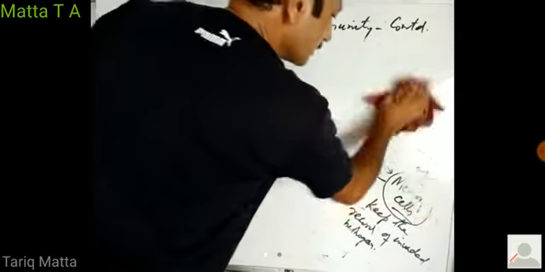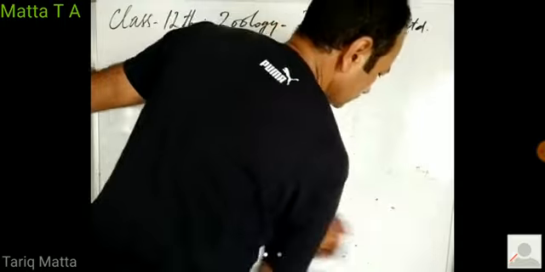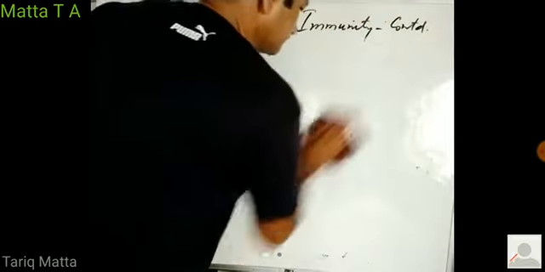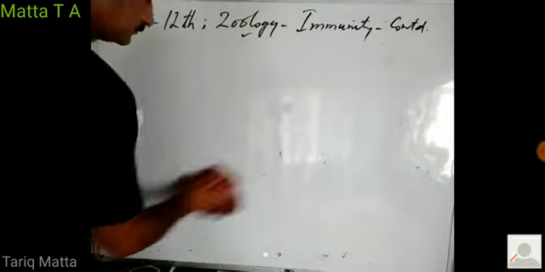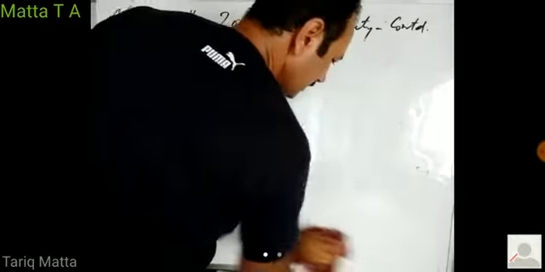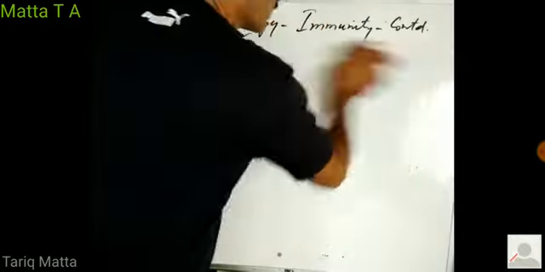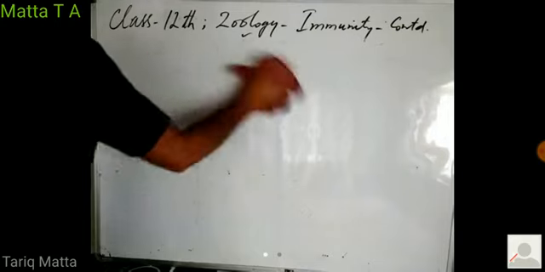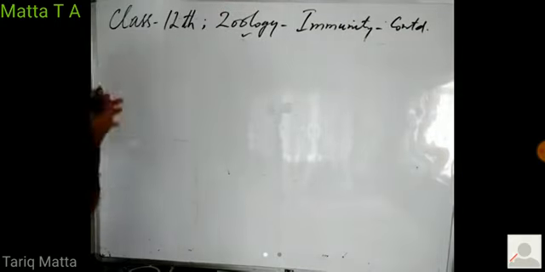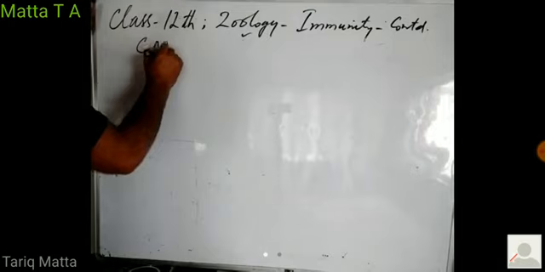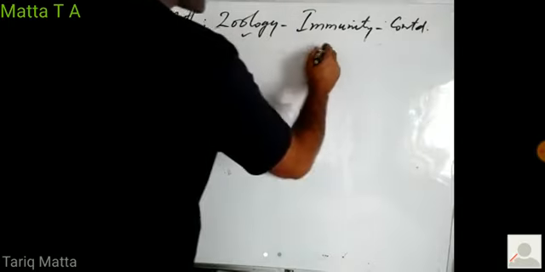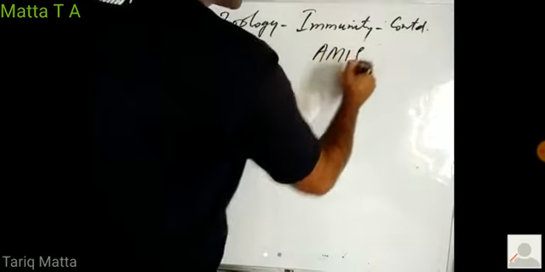So what is cellular immunity? We say our body has two types of immune systems working. One is known as CMIS, another is known as AMIS.